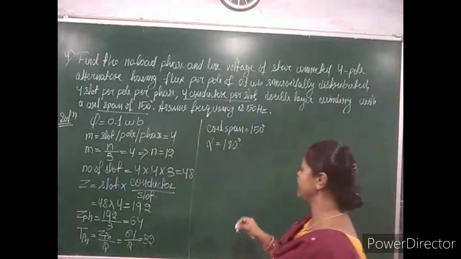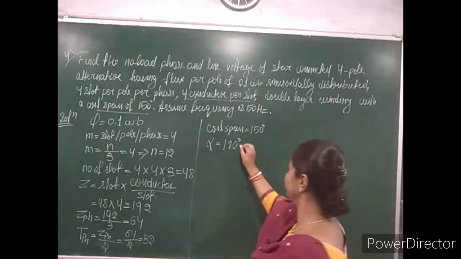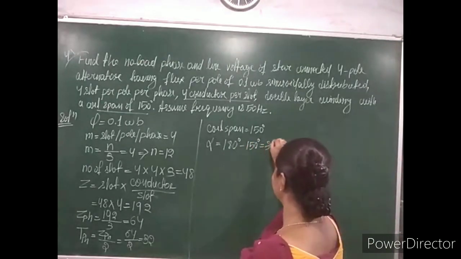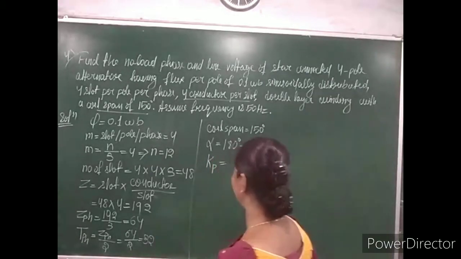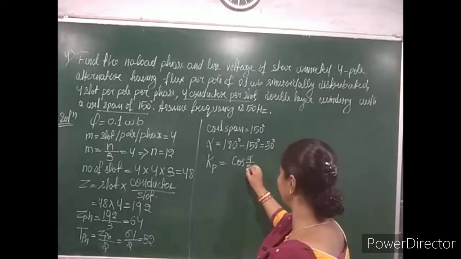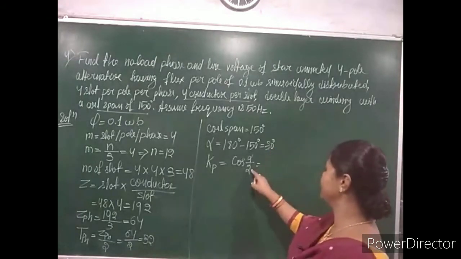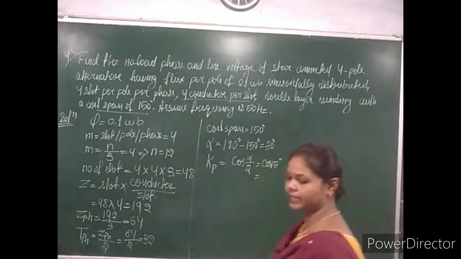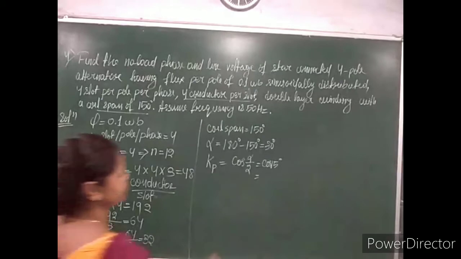So the short pitch angle, at which angle the coil is short pitched, is 180 degree minus 150 degree, that gives 30 degree. So from here you can get pitch factor or coil span factor as the formula is cos alpha by 2. Here you put the value of alpha, that is 30 degree by 2, that is cos 15 degree. Cos 15 degree, the value is 0.966.